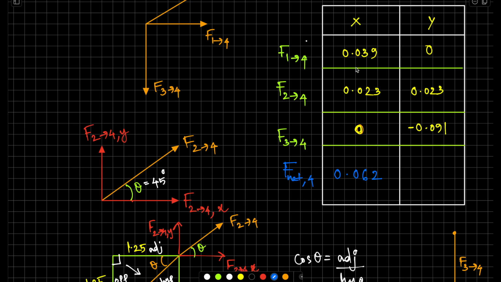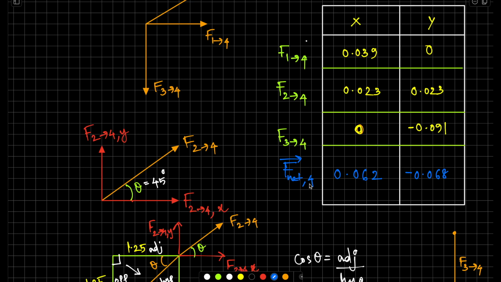So the x component is 0.062. Now what about the y component? 0.023 minus 0.091, which is minus 0.068.